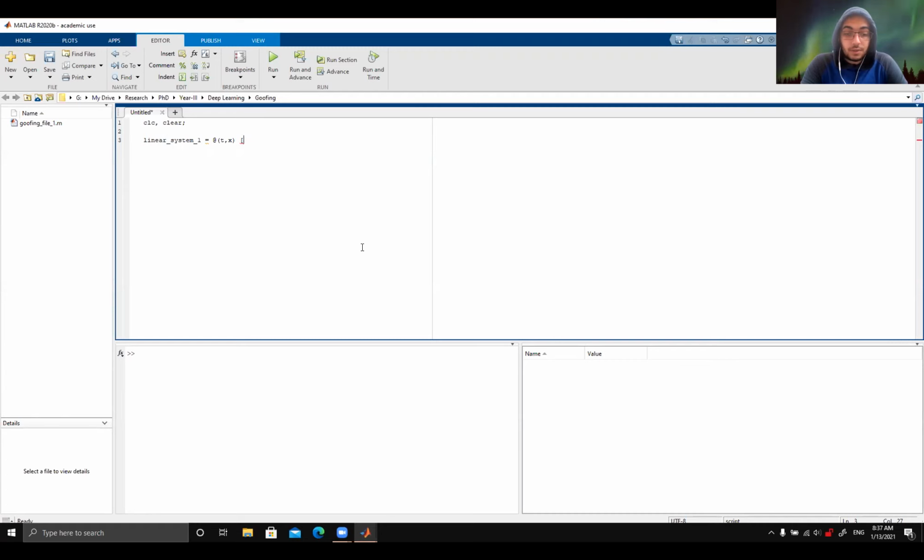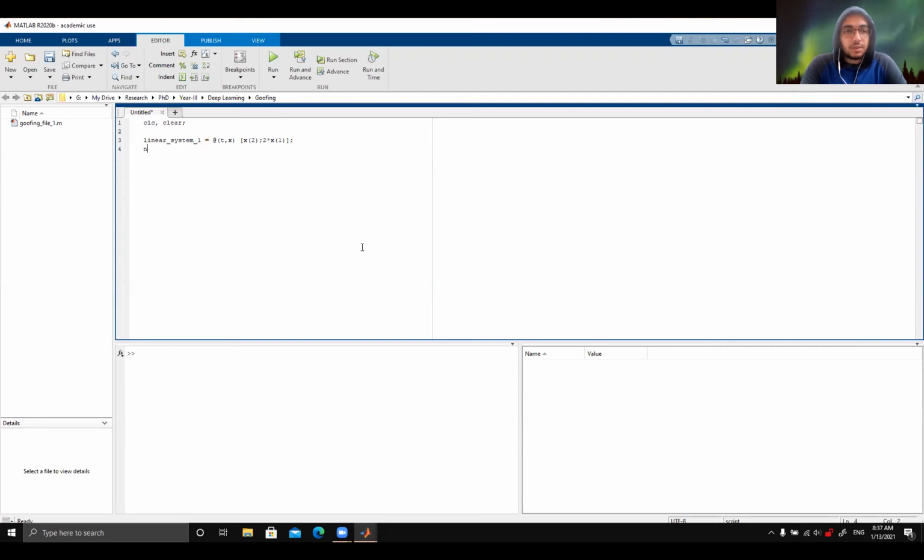The first entry in the vector is the second entry of the input x, and the second entry is minus x1 plus, no, actually plus 2x1. That's the linearization that we computed at x equal to 1.